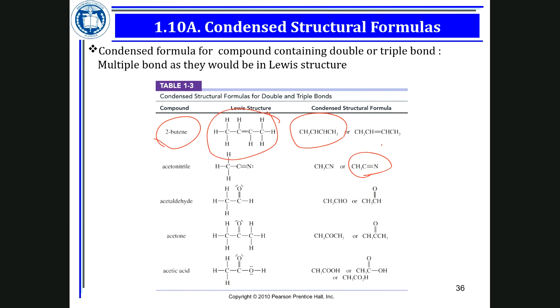If it's an aldehyde, C double bond oxygen and H, this is the functional group for aldehyde. When you are writing the condensed formula, you would write CHO. CHO, this is the functional group for aldehyde.